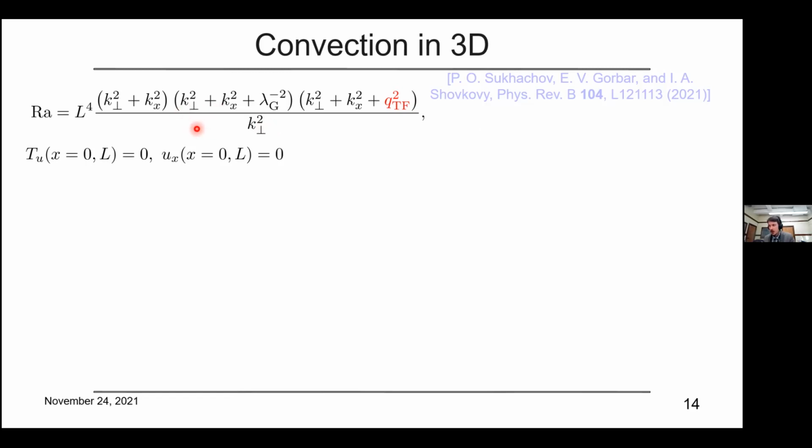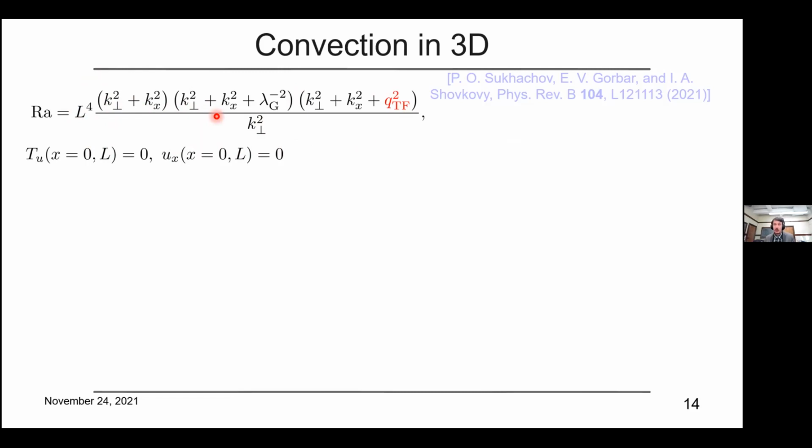For this, we minimize the right-hand side of this equation and determine the value of the real wave vector, K perpendicular. And then we substitute this value again into this expression, and this will give us the minimal Rayleigh number that is needed to achieve a periodic solution.